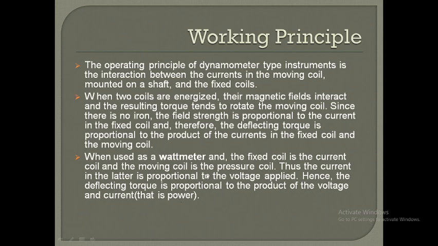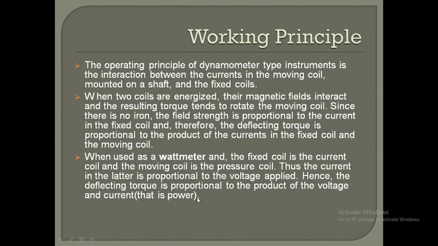So one is the current carried by the fixed coil and the other is the voltage taken by the movable coil. So V I cos phi is the power measurement for the electrodynamometer type instrument. We will see and derive the relation also.